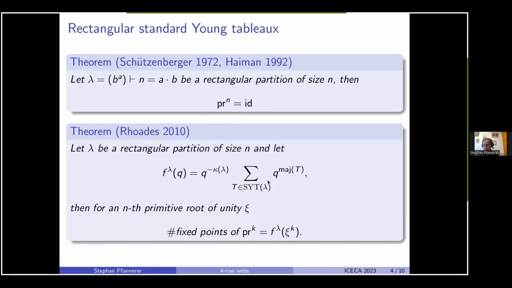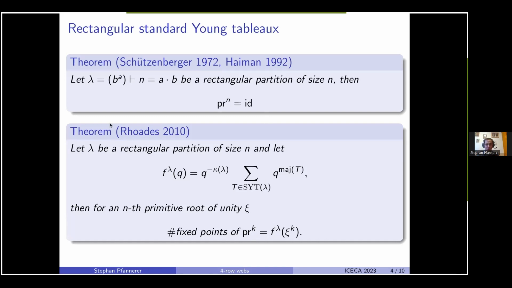The major index of a tableau is the sum of the descents. If you evaluate this polynomial at roots of unity, so we take q to be a primitive n-th root of unity, and we plug in q raised to the power k, we get the number of fixed points of the promotion operator applied k times.